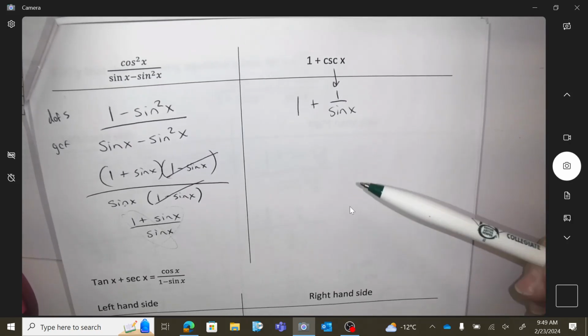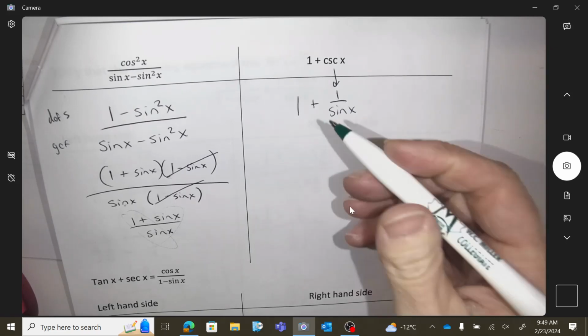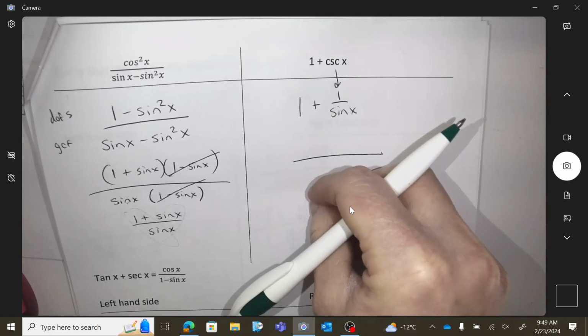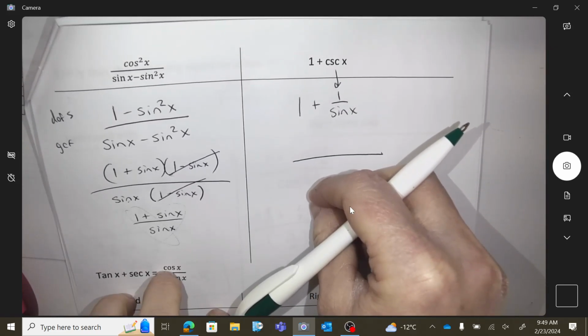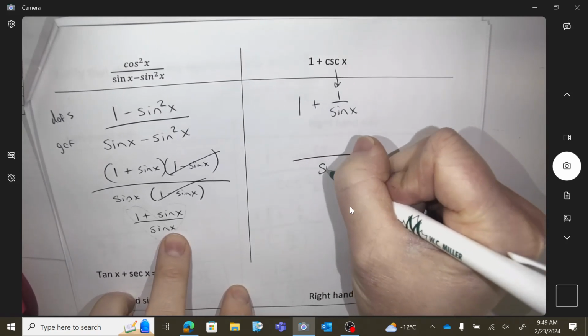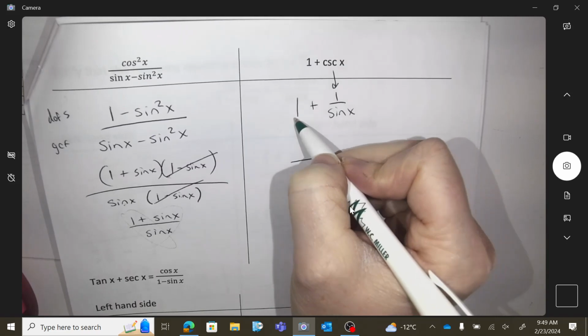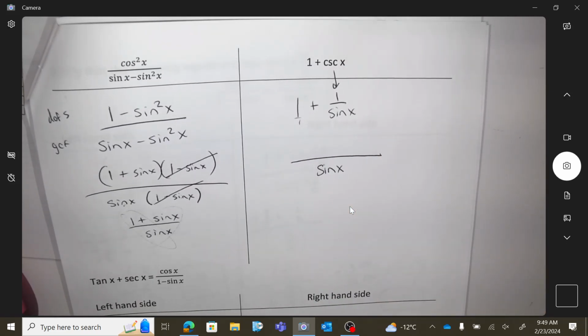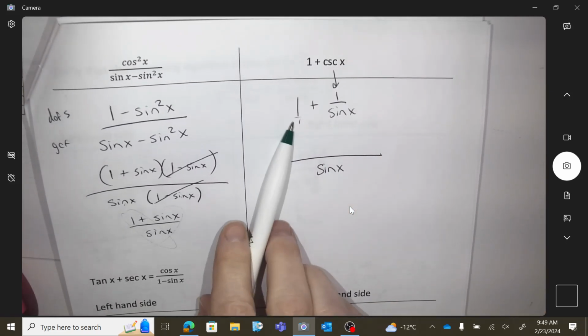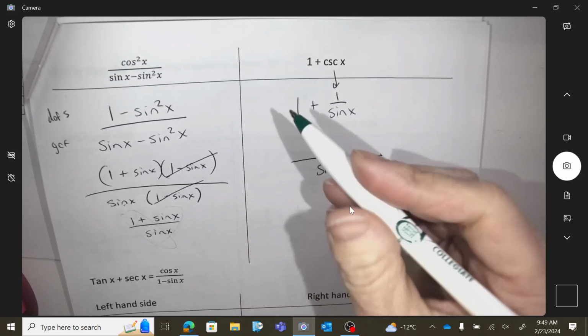How do you add stuff with fractions involved? You put them together as one with a bottom that you can use for both. So I'd have to turn everything into sine x bottom. So this bottom was really a 1 before. So now what would you have to do to the top?